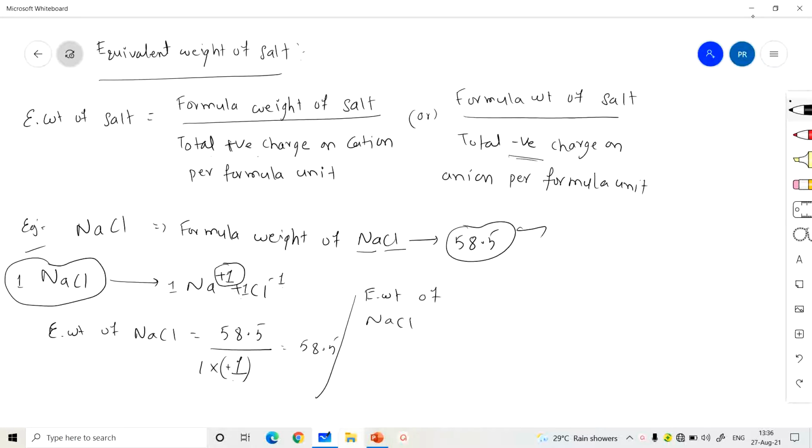Or equivalent weight of NaCl, that is 58.5 divided by 1 into minus 1, that is 58.5. Sir, negative sign is there, so that weight never becomes negative. Is it clear? So we have to consider only the total number, positive number, of cations or anions.